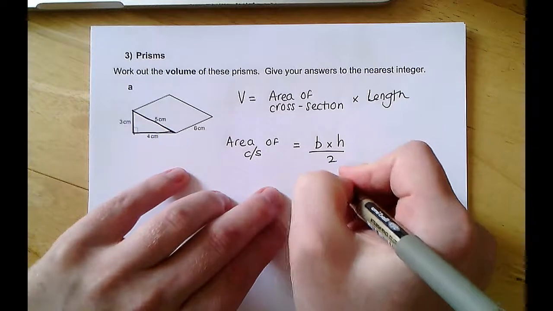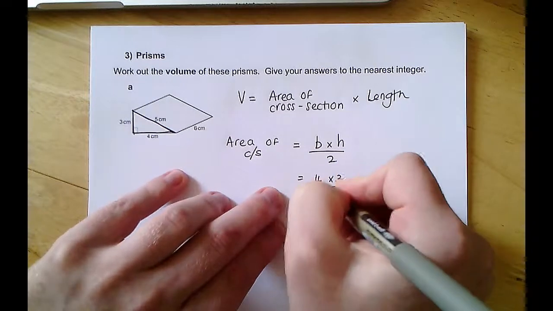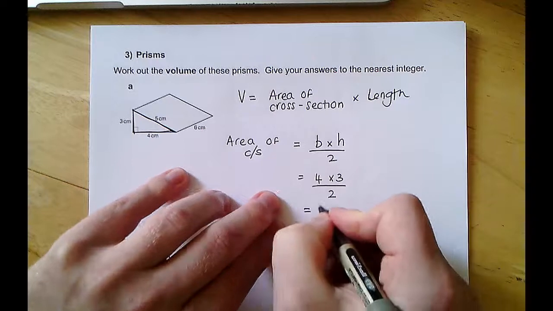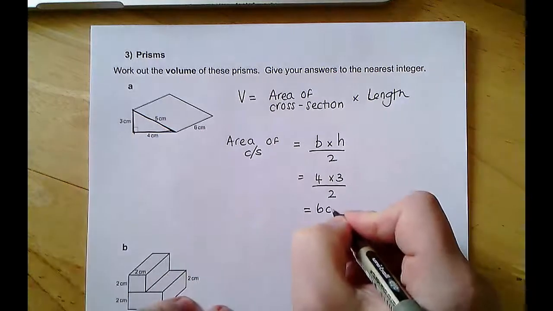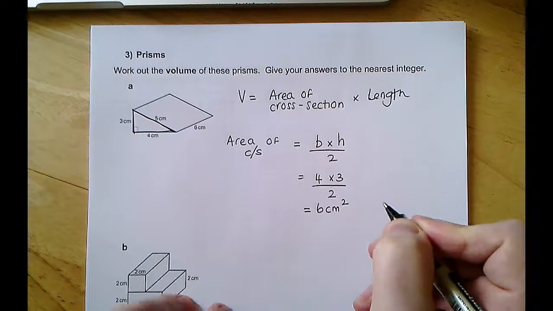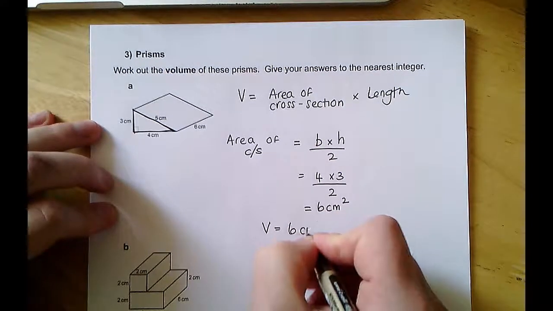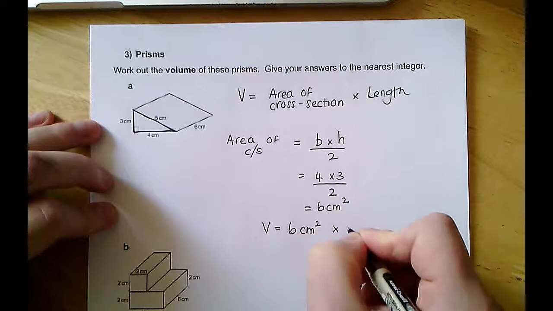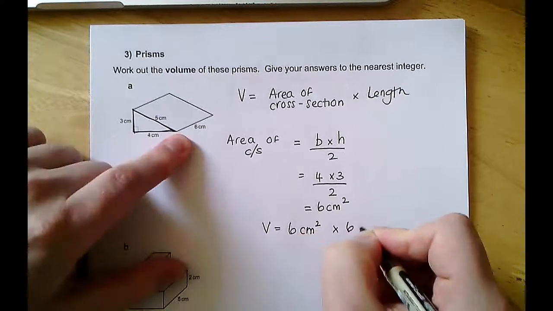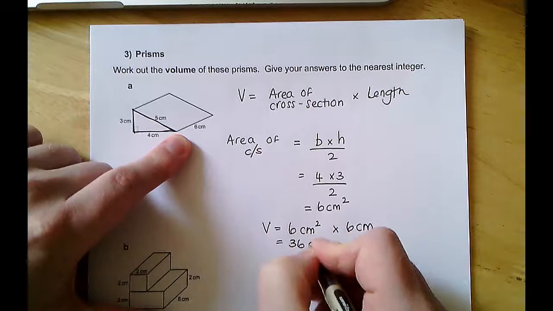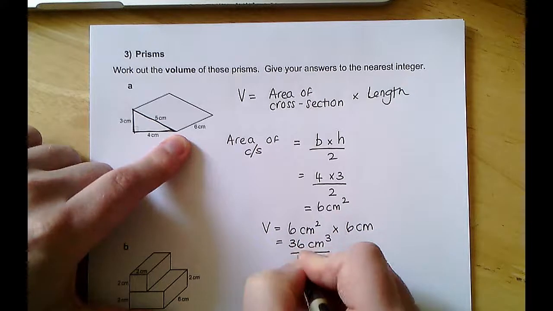Base is 4, height is 3, 12 divided by 2, 6 centimeters squared. So therefore the volume is 6 centimeters squared multiplied by the length, which is 6 centimetres, which gives me 36 centimetres cubed.